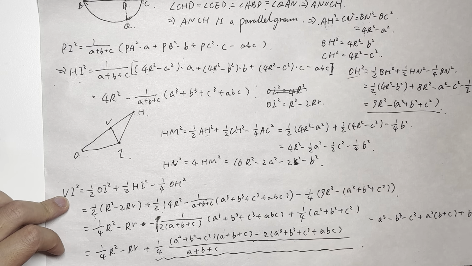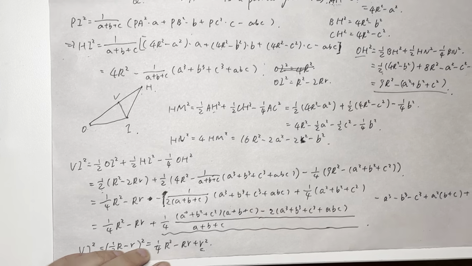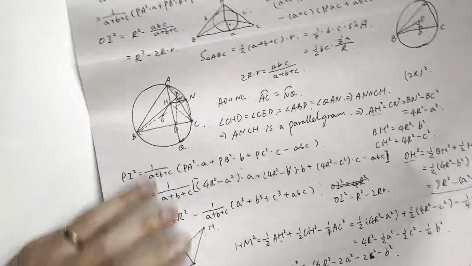Which is half R, right? And what is the radius of the inscribed circle? That's r. We want to prove this, right? It equals 2. Plus r squared, right? So basically, we just need to prove that r squared equals to this one. Right. Let me rewrite it. So we want to prove r squared equals 2.